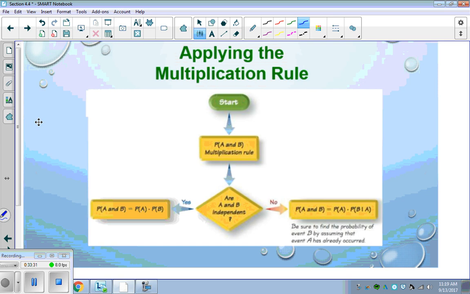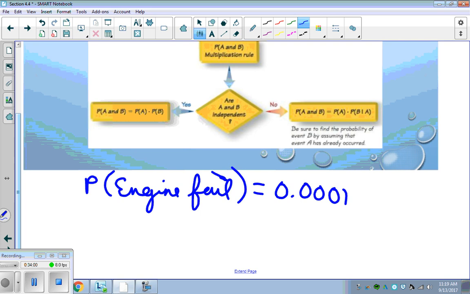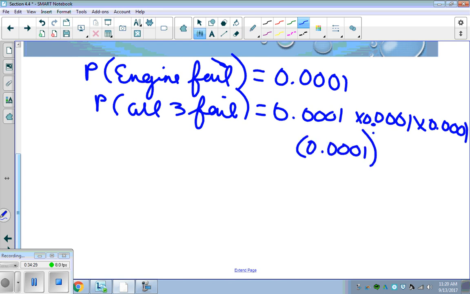With independent jet engines, the probability of all three failing is only 0.0001 to the third power, because the probability of one failing by itself being an independent event, that means the probability of all three would equal the first one times the second one, running out of room, or I could just simply write to the third power.